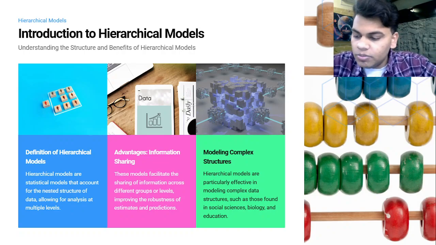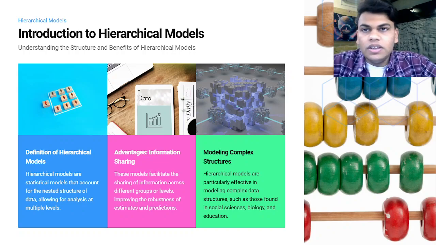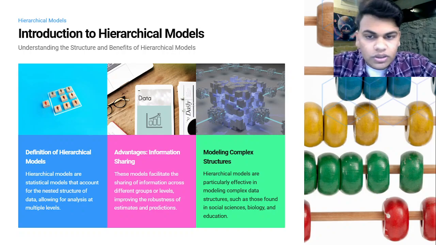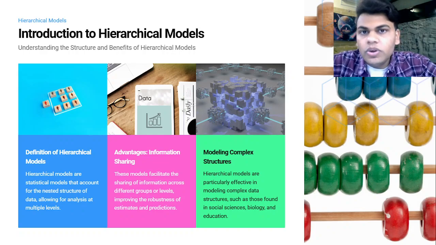The other approach is complete pooling, and complete pooling is also inefficient in that there's only one hyperparameter for all the parameters throughout the data, and there's no statistical benefit of doing that, because no parameter is going to be able to fit all the parameters throughout the data set.